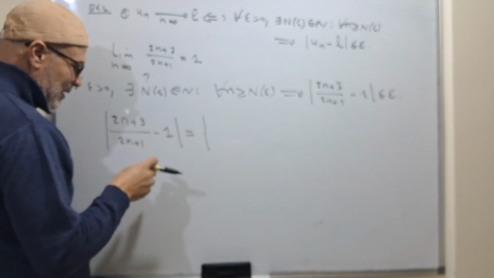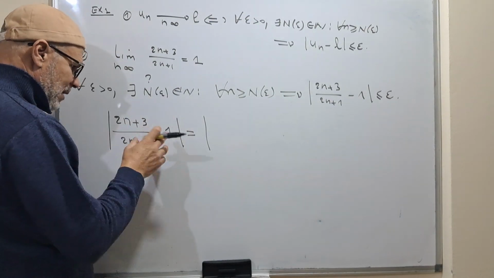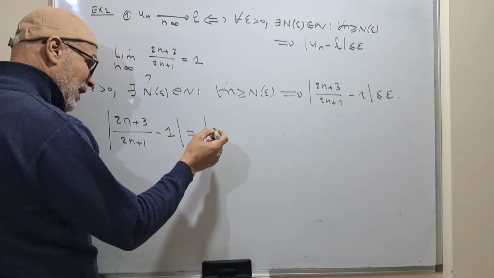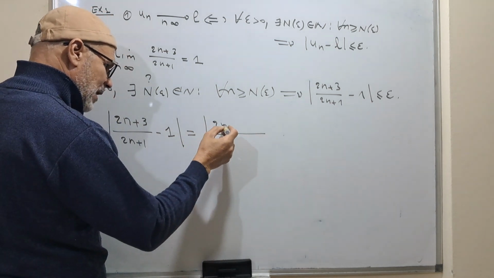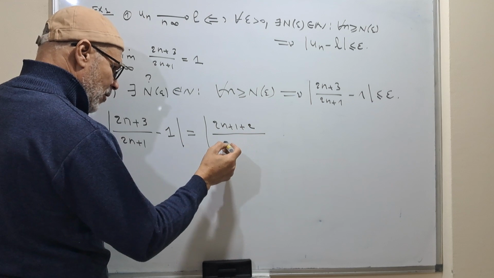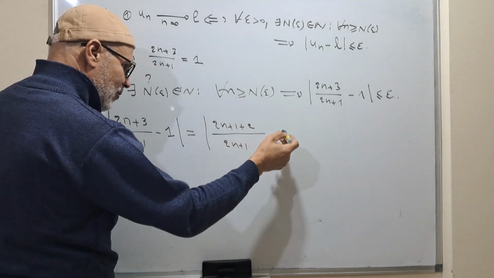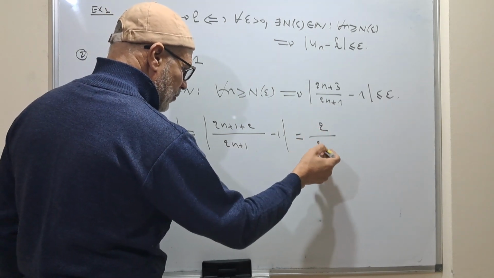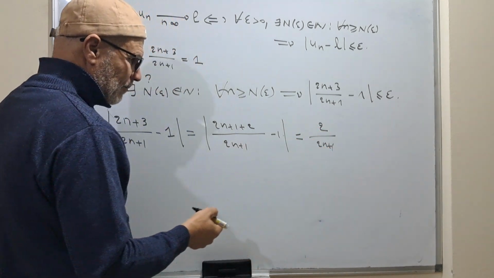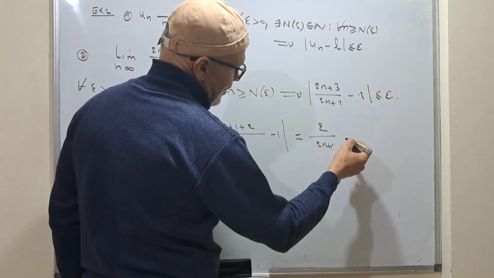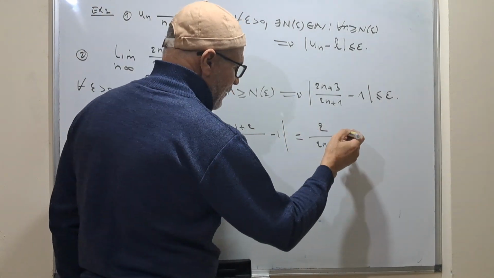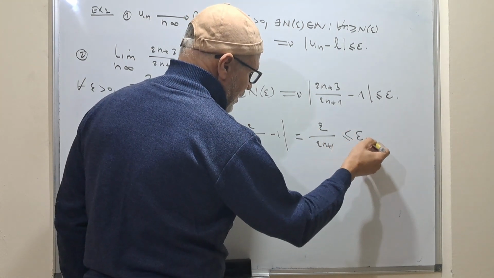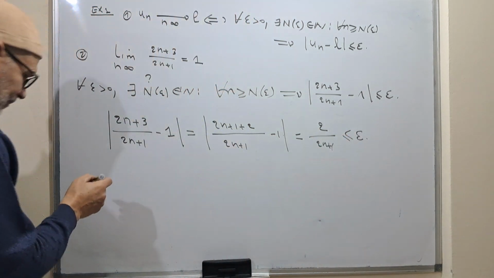We take the difference as usual, and we can write (2n plus 3) minus (2n plus 1), over 2n plus 1, and this gives us 2 over 2n plus 1. We want this to be less than or equal to epsilon.